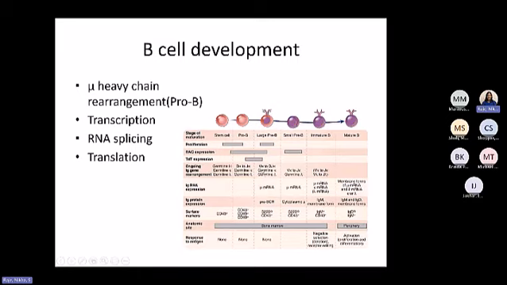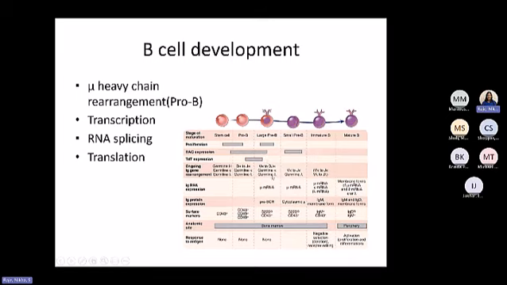And at each of these stages of maturation, there are certain proteins or molecules that are expressed that will define the stage of maturation. Which means when that VDJ recombination is going on during pro-B cell and large pre-B cell stages, you'll see a lot of RAG expression and TdT expression.